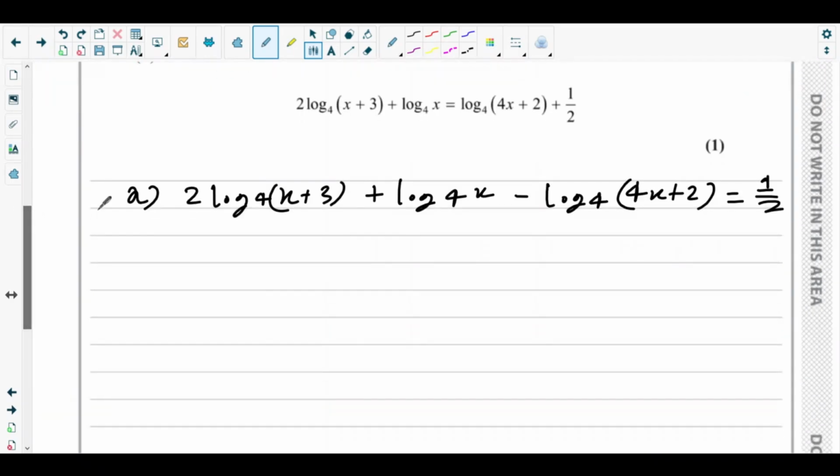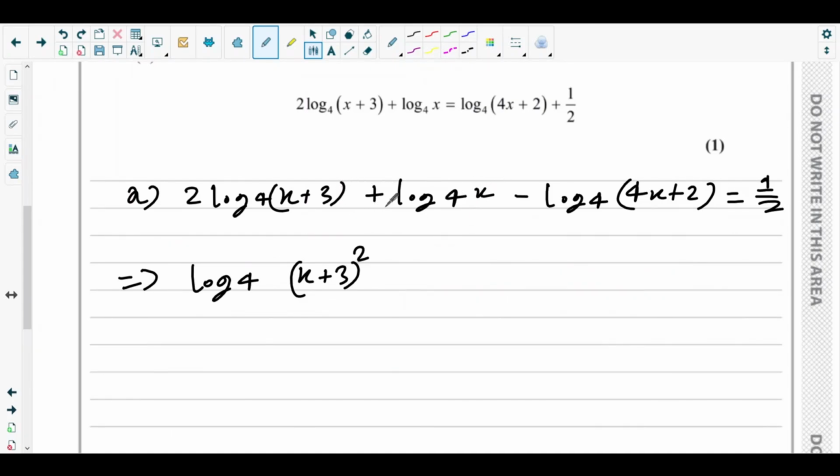Okay, so all the terms on the left hand side are logs with base 4. So we can take log with base 4 as common, so we'll get (x plus 3) whole squared, because its coefficient is 2, so take it to the power using the power rule of logarithms.